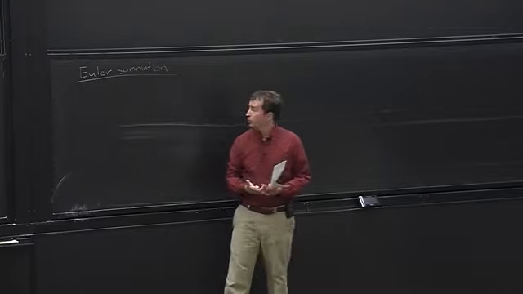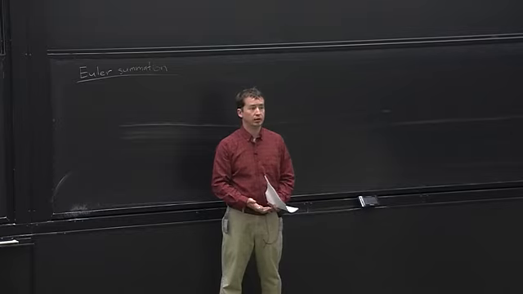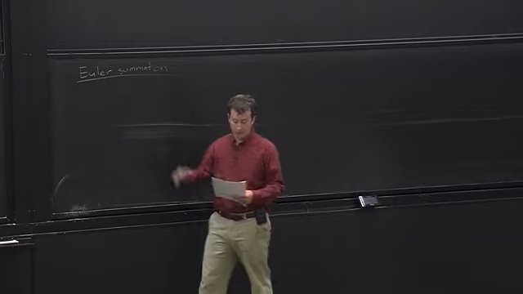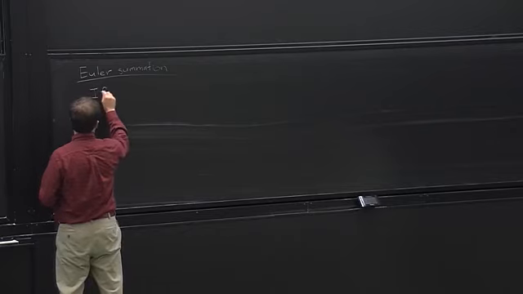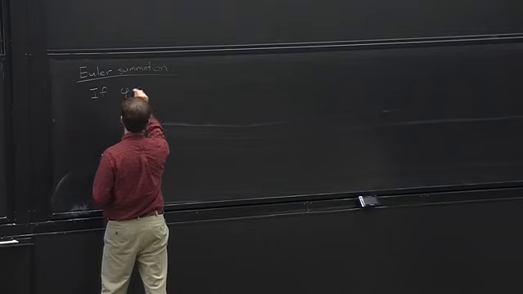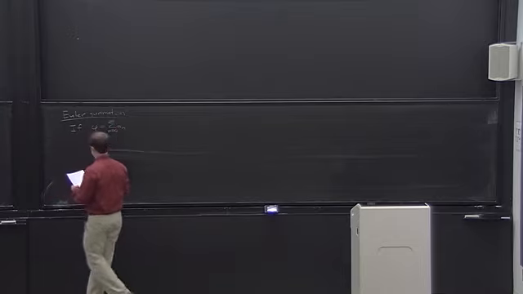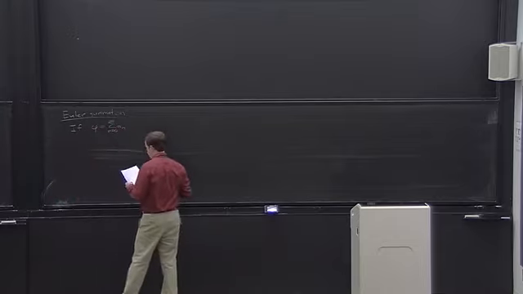So one way in which we can assign a finite number to a divergent series is known as Euler summation. And so let's suppose we have some divergent series, which I'll call phi. It's the sum of some terms a_n.